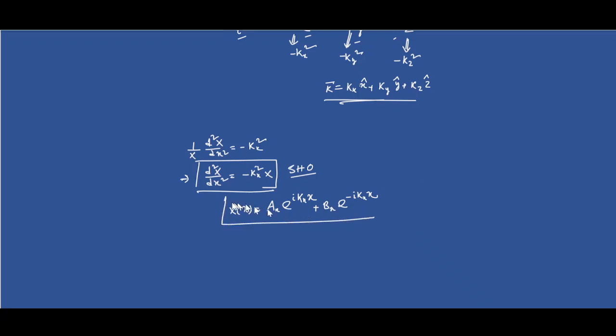So this will be the solution for a sound wave along x direction, or we can write it in the sine and cosine form like a prime x cos kx x plus b prime x sin kx x.